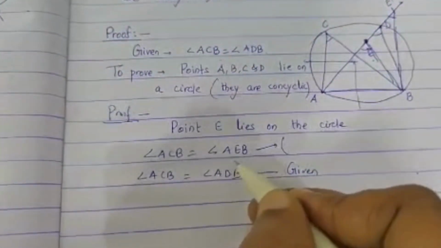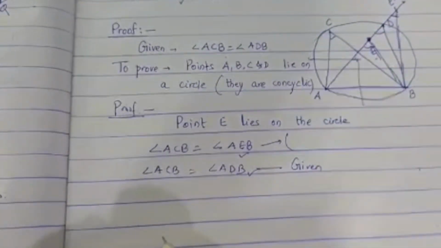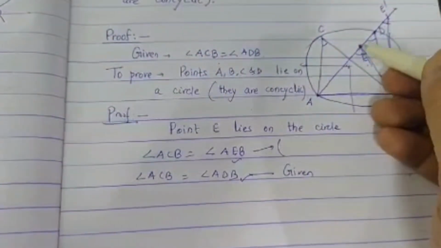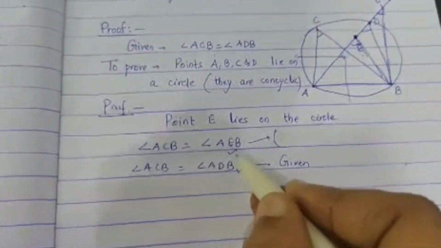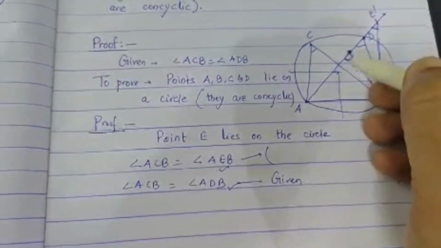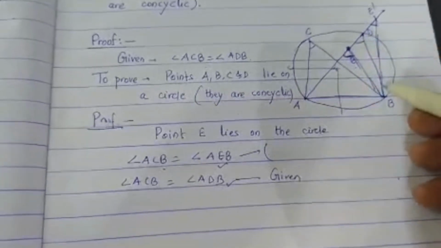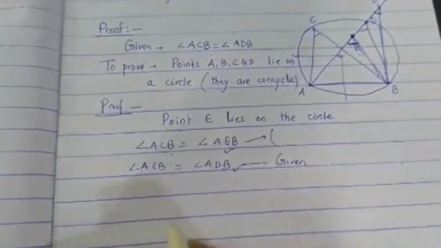But if you see, this case is only possible when this E coincides with D. When E coincides with D, then and only then is it possible that these two angles are equal. Otherwise, angle ACB equal to angle AEB and angle ACB equal to angle ADB cannot happen like this.